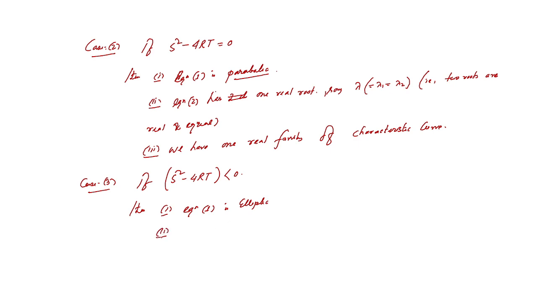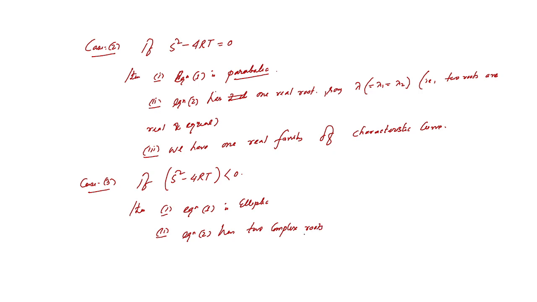And the second conclusion is that the roots are not real. They are complex roots, conjugate in pairs. So that means equation 2 has two complex roots.